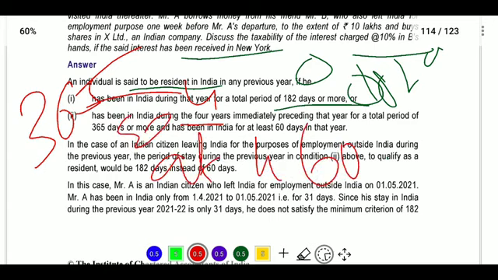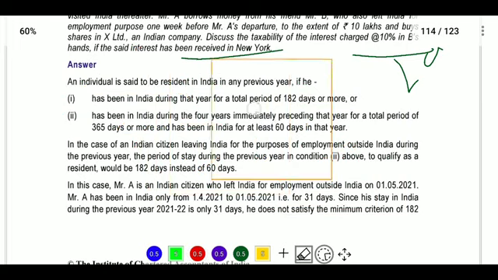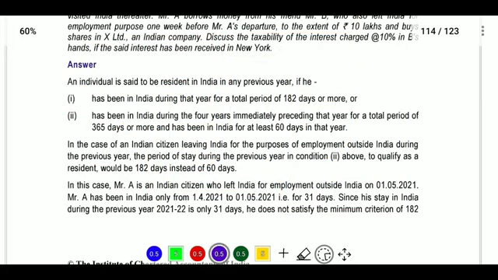So we must satisfy either 182 days or more, or the next one, that is, out of 4 years he must stay 365 days and at least 60 days in that previous year. If we satisfy any one condition, he will be treated as a resident.